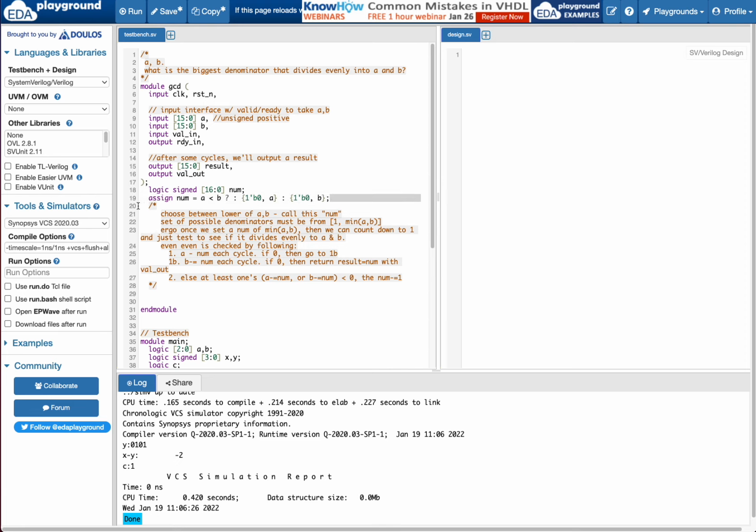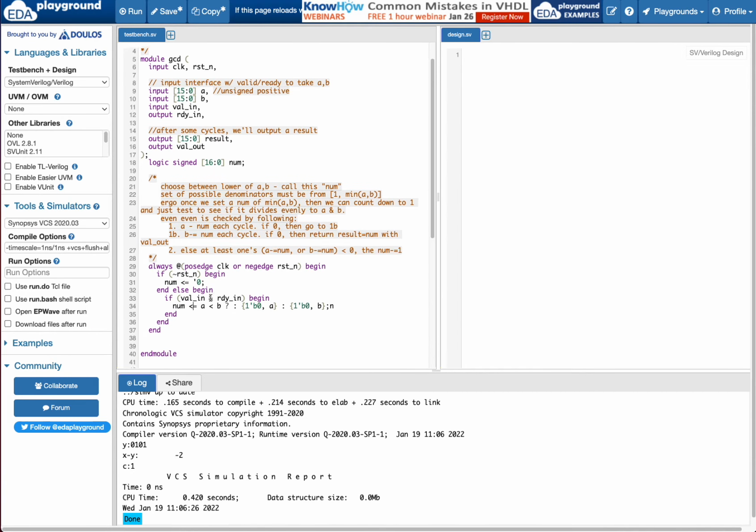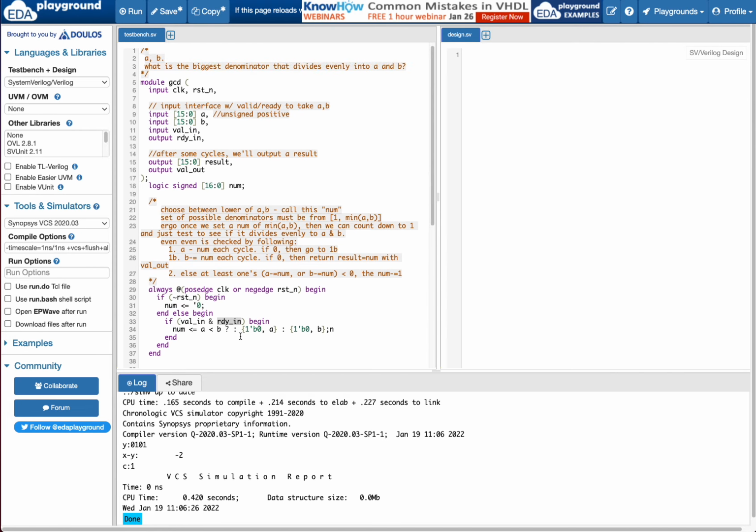So because num will do this minus 1 thing, perhaps we could do something like this if we have a handshake. Then it's like this, and then the num will be updated the next cycle of ready in.